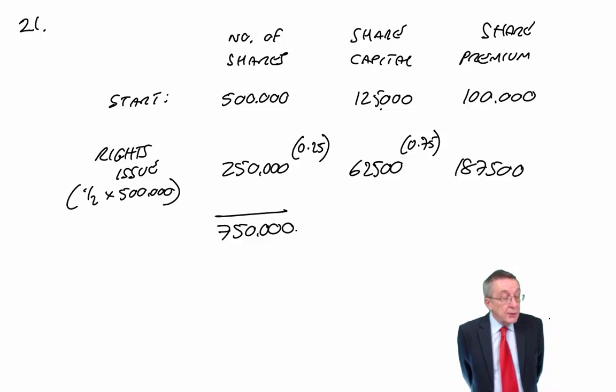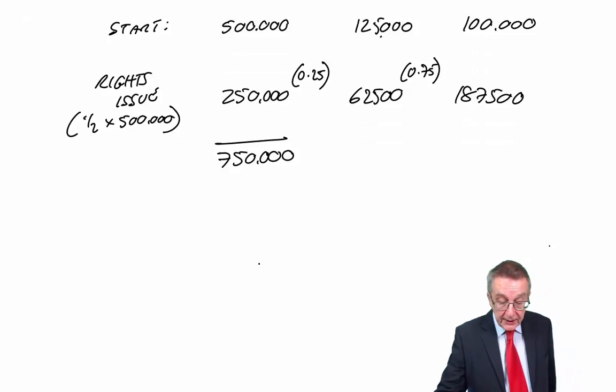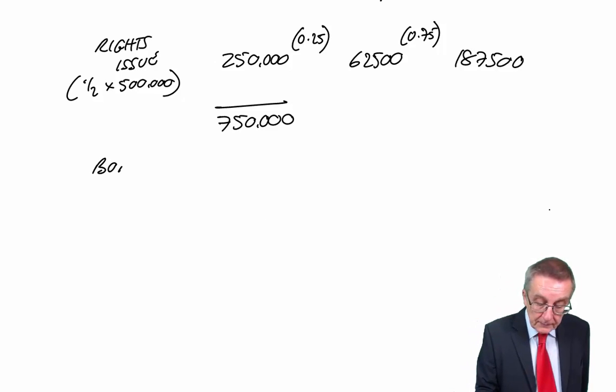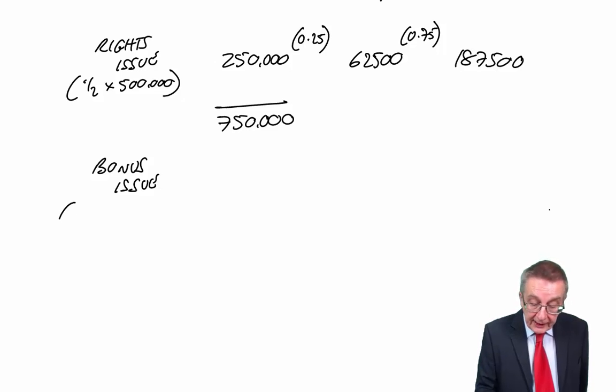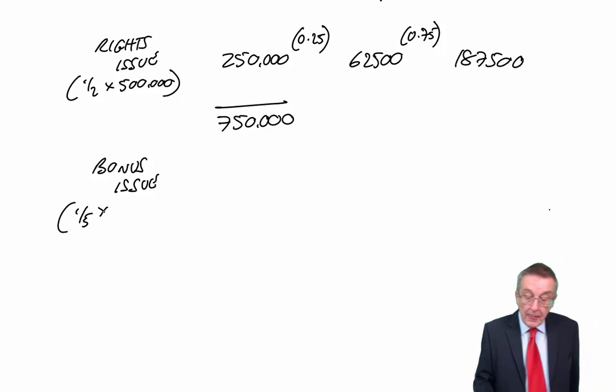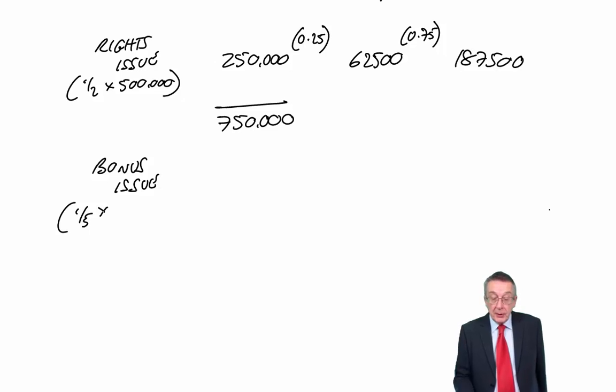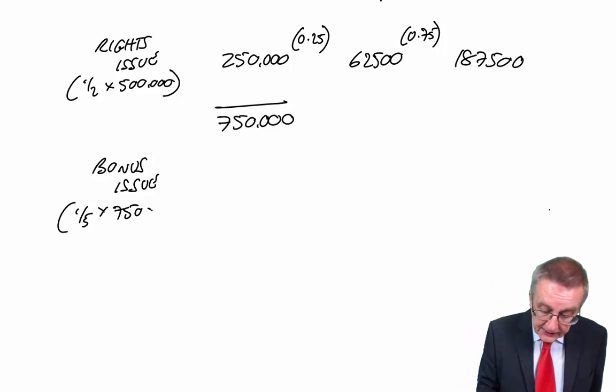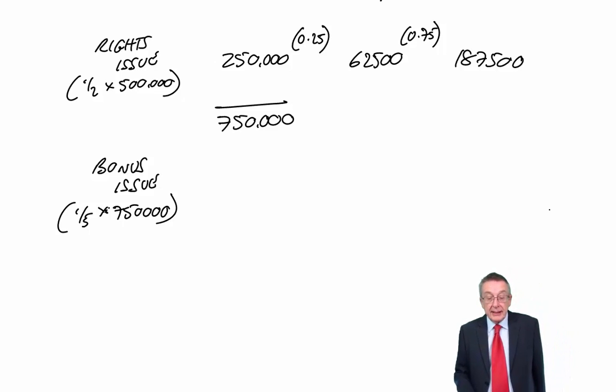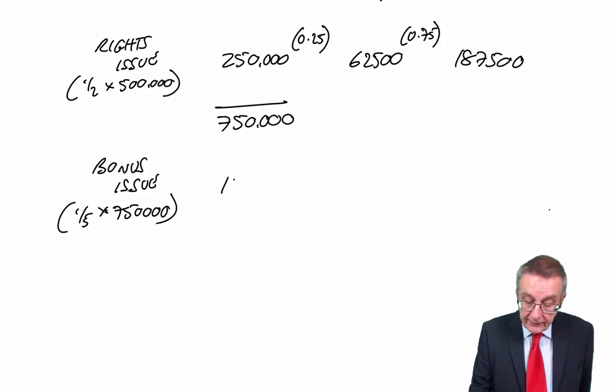It says later in the year the company made a bonus issue, 1 for 5. Well, remember, after the rights issue, there are 750,000 shares in issue. So 1 for 5 means we issue another 150,000.